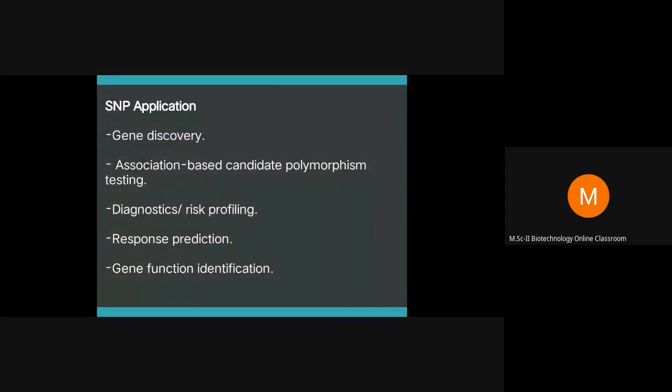Applications of SNP. First, it involves the identification of differentially expressed genes between two or more states. Second, it involves analysis of polymorphic variants in candidate genes with a known role in biology, and relating carriage of a specific allele to a quantitative trait or a disease of interest.